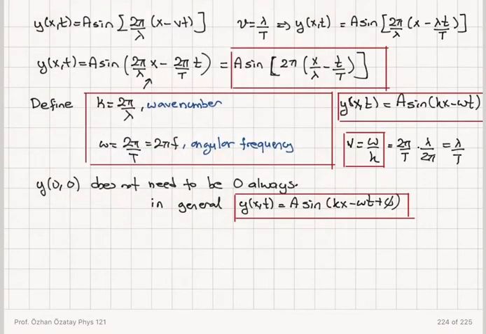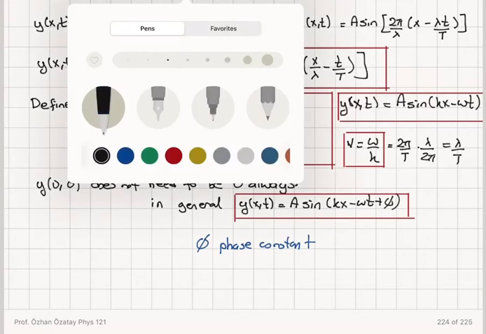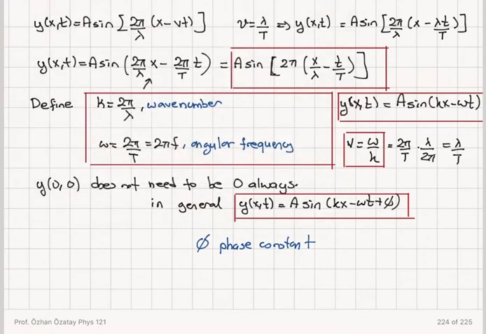So the phase angle phi is the phase constant. It was 0 for the initial condition that I have considered, but in general this doesn't have to be 0.